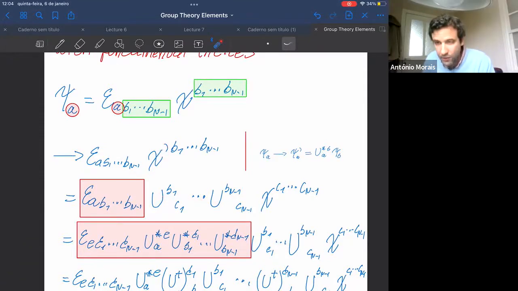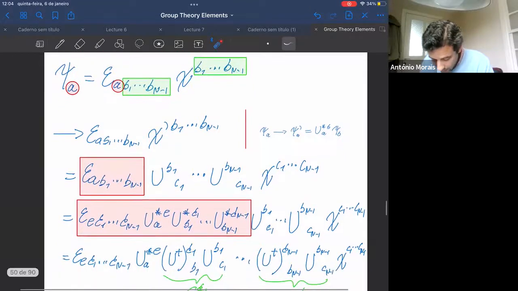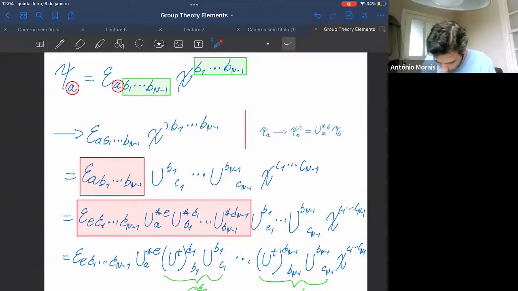So you have U's without star and B and C below like this, where you now rename this to C. And epsilon, so this in red identifies what we know is the transformation of epsilon. So we have epsilon E, D1 to Dn-1, and now you have U^A_E. Here it's really a transformation matrix. You have then the other U star D1, B1, up to Dn-1, Bn-1, and so on. So these red things are put together here.